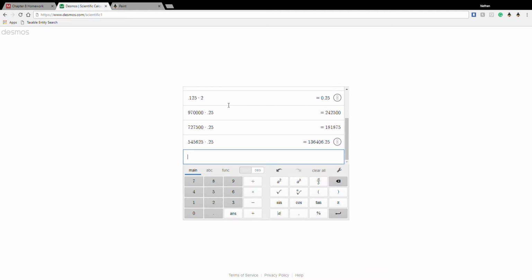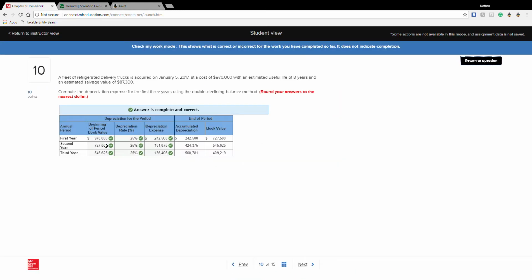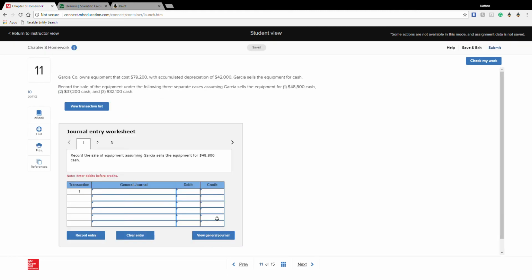And all you have to do each year is take the rate, times it by book value, gets us the depreciation. Then take the book value minus depreciation expense will get you next year's book value, and so forth and so on. Okay? So let's see what question 11 has up its sleeve.